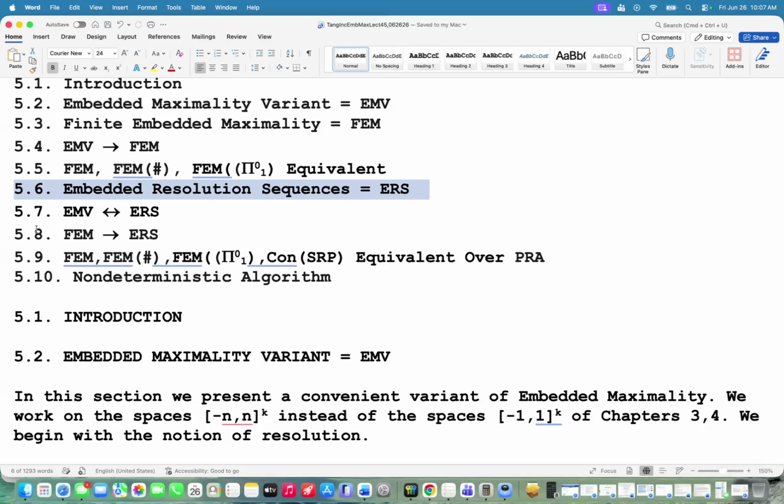All right. Now, the big deal is, and this is what I didn't finish, that I'm in the middle of, that FEM implies ERS. That's the crucial point. From the finite form, I can get the embedded resolution sequences, and then from there I can get everything I want.